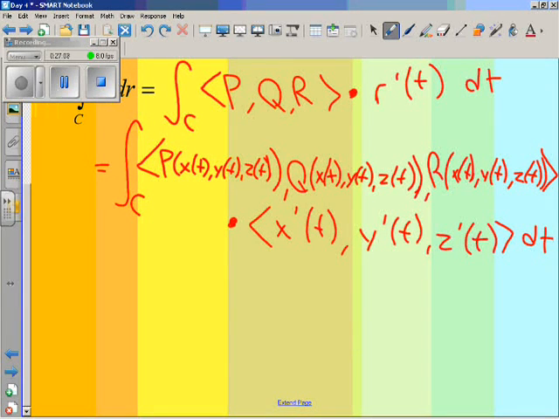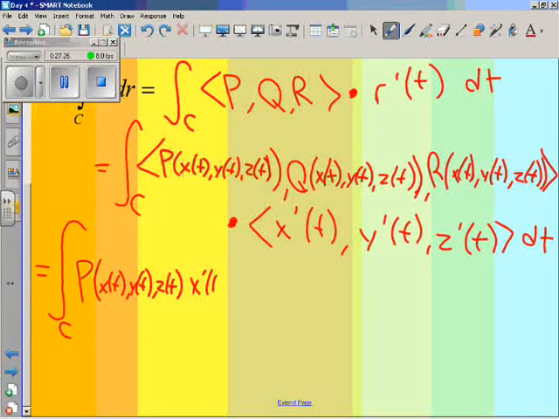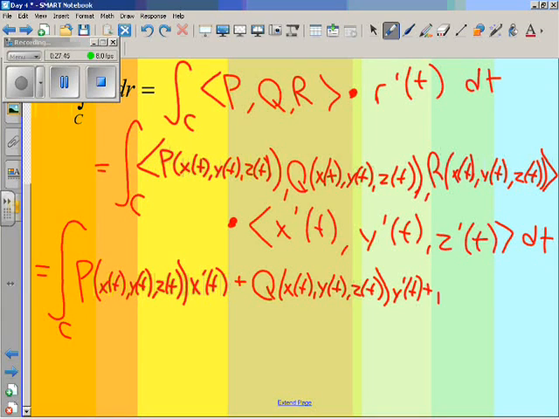Okay, so take that in for just a second. It looks pretty nasty. But when we evaluate this dot product, notice we're going to have P times x prime of t plus Q times y prime of t, and then we get R times z prime of t.